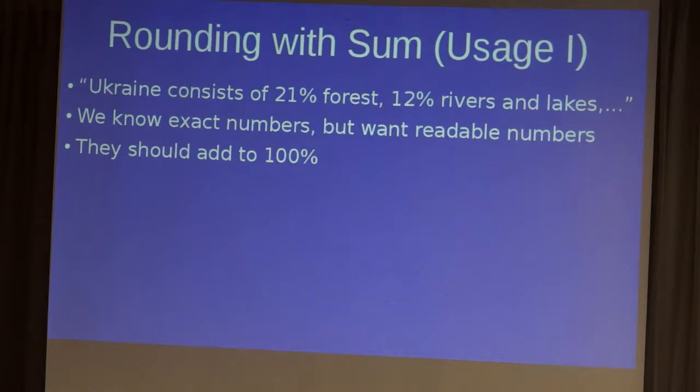So we have one usage, and that's when you have a textbook and you read something like, the area of Ukraine consists of 20% forest, 12% rivers and lakes, and whatever. I made up the numbers, I didn't look it up, but you know what I mean. You have this kind of thing you need to show to the managers, and they like to read this kind of reports.